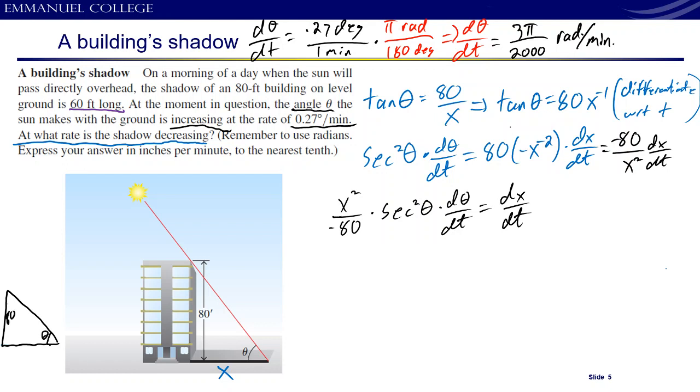This is 80 feet. Imagine I have artistic skills and drew a right angle. This is 60 feet. So if we use the Pythagorean theorem, let's say this is our hypotenuse. So h squared will equal 60 squared plus 80 squared.